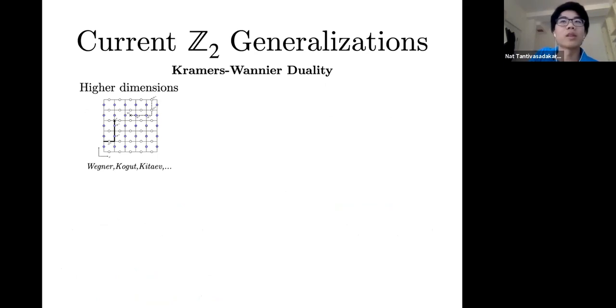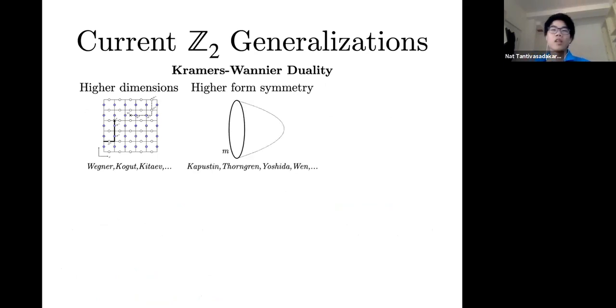Recently, people have also been studying higher-form symmetries, where instead of a global symmetry, you have symmetries that are spin flips on closed lower-dimensional manifolds that you can wiggle around. These can give you charges that are higher-dimensional excitations, such as loop-like excitations. For example, in 3D, you can have charge excitations, which are like these m-loops in the 3D toric code.